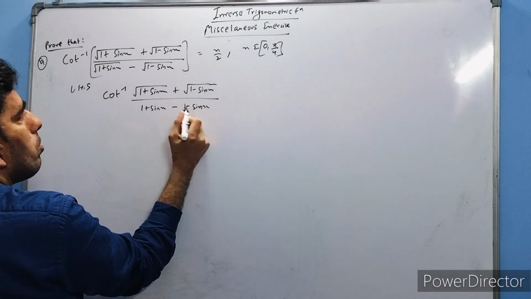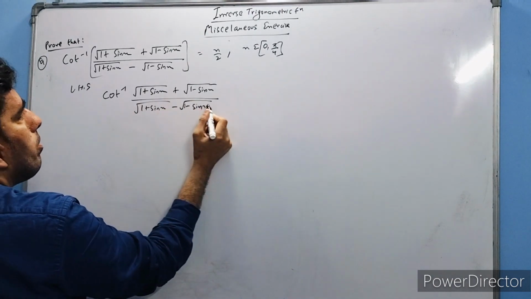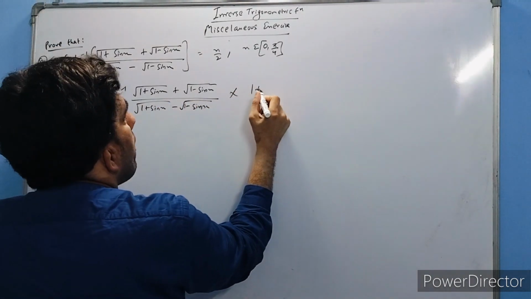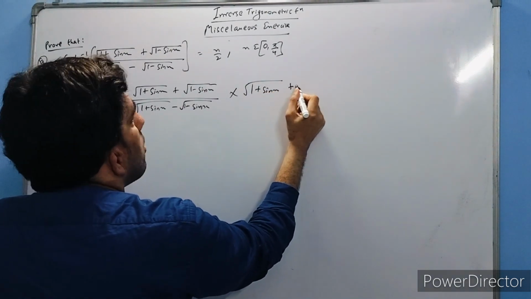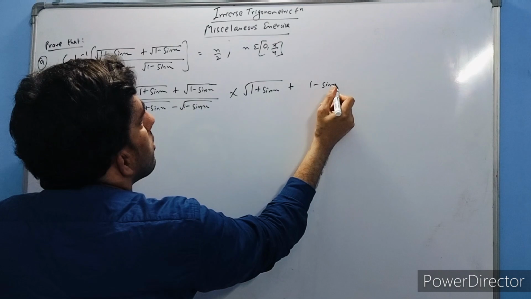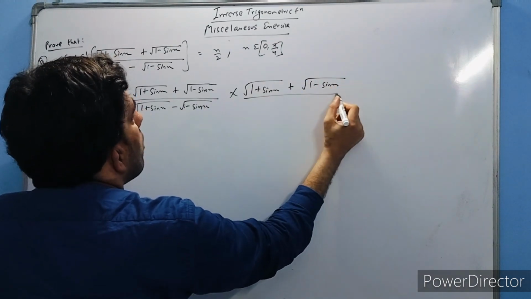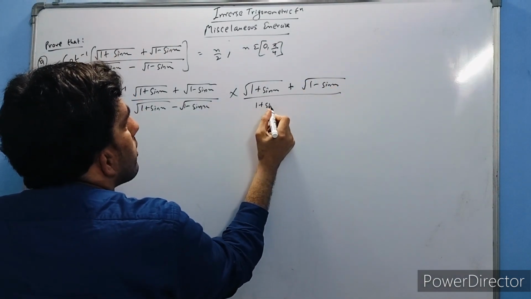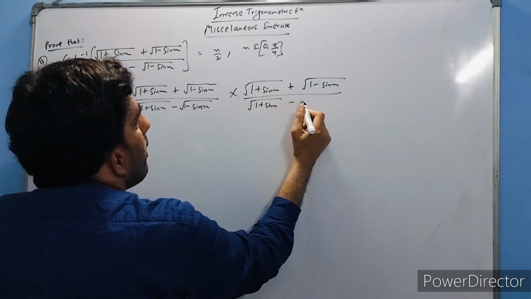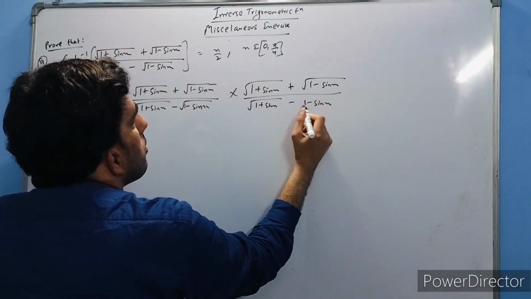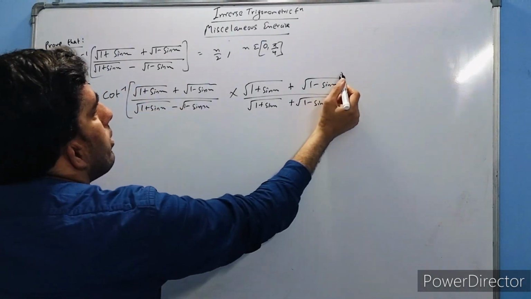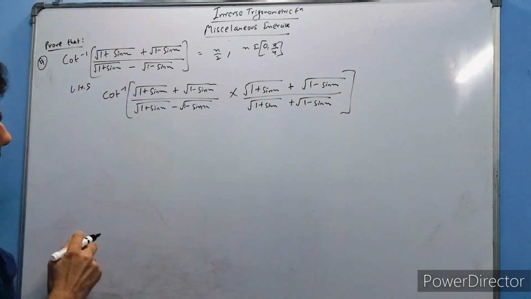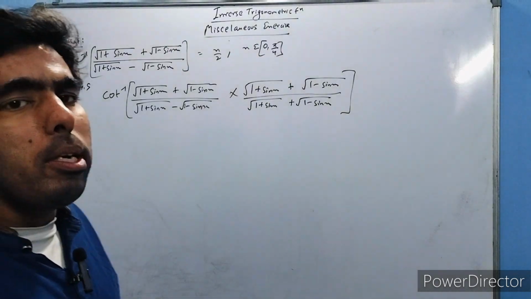Let us try to rationalize it. Now we know when we rationalize any number in root, its sign also changes.